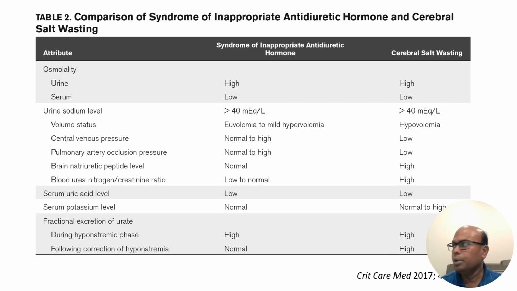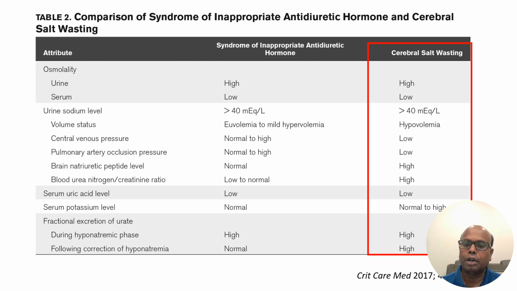Since we talk about syndrome of inappropriate antidiuretic hormone, it's necessary to talk about cerebral salt wasting syndrome, which you also see in both ambulatory and inpatient settings. Their mechanisms are very different. In SIADH, hyponatremia happens because of water retention. In cerebral salt wasting syndrome, hyponatremia happens because of water depletion and also natriuresis.